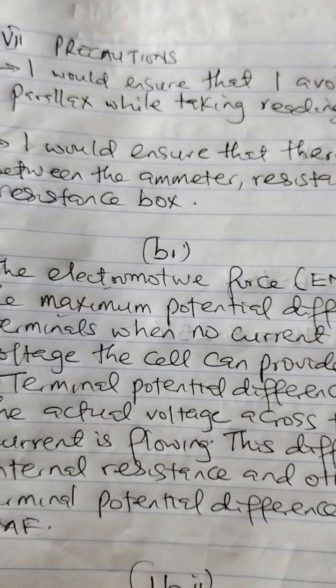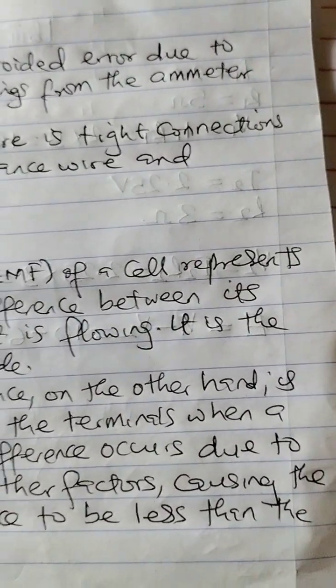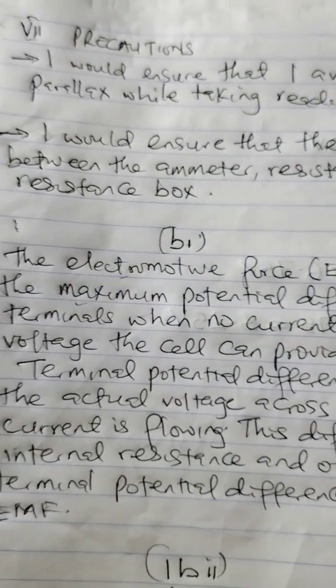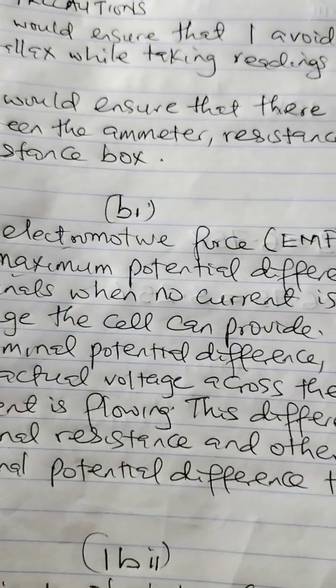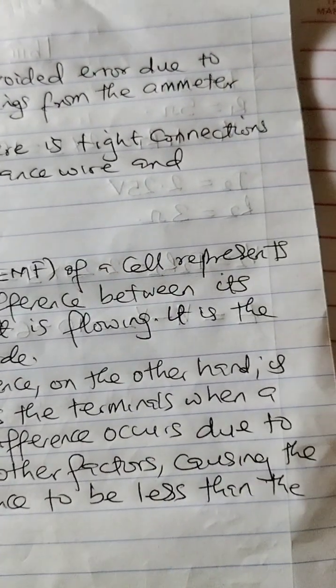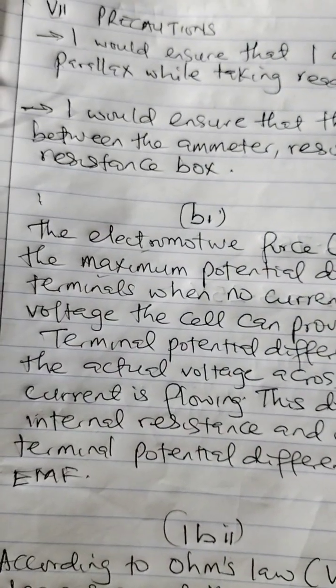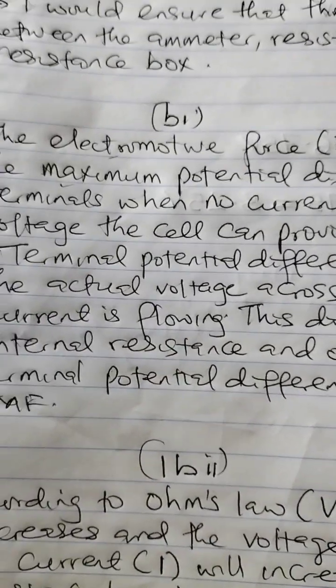I repeat myself. The electromotive force or EMF of a cell represents the maximum potential difference between its terminals when no current is flowing. It is the voltage the cell can provide.